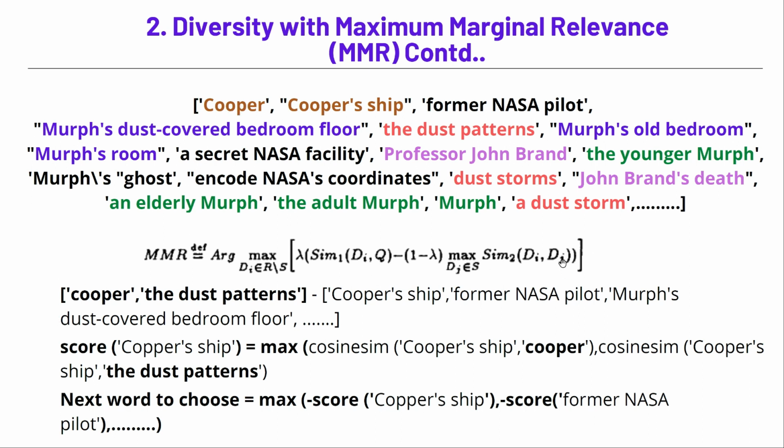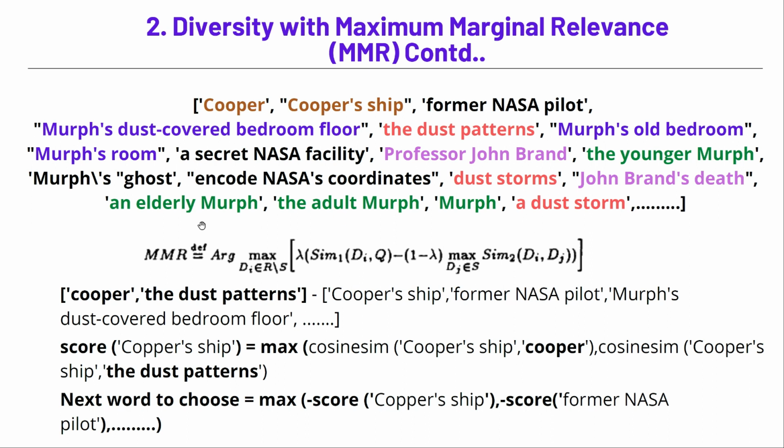So it's initialized with that. But in order to truly understand how this loop works, let's take this scenario where you are extracting 3 keywords from this list and you already have 2 keywords, that is Cooper and dust patterns. And when lambda is equal to 0, everything is gone. So let's see how the third keyword will be extracted.